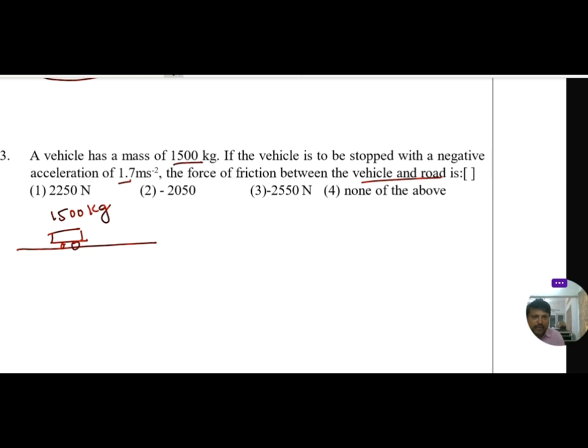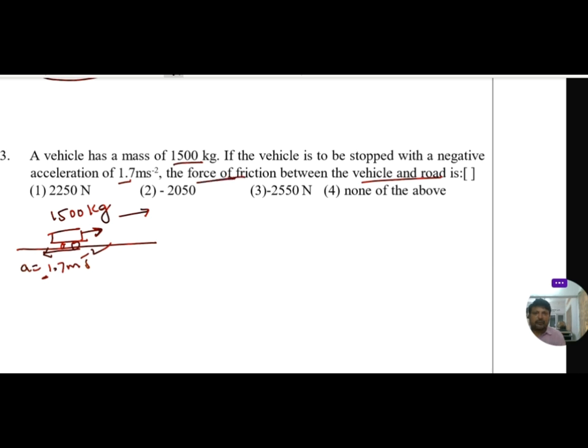If the vehicle is to be stopped with a negative acceleration, it means which opposes the motion of the body. So motion is in this direction and acceleration is opposite to the direction of motion of the body, that is 1.7 meter per second square. So this direction is considered as positive, then this acceleration is taken as negative.